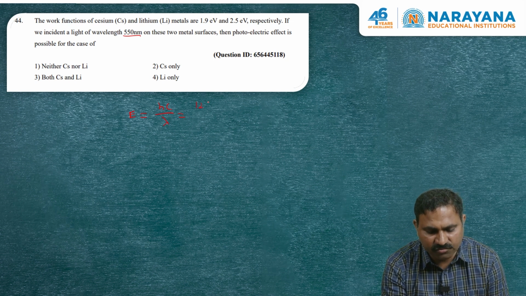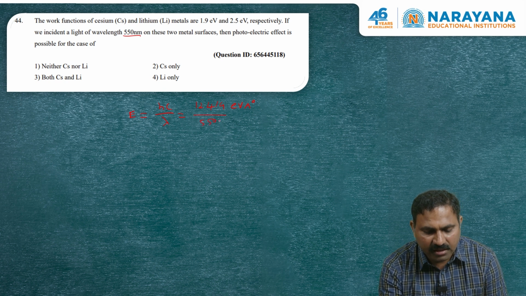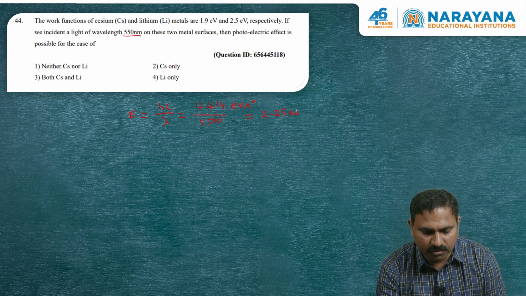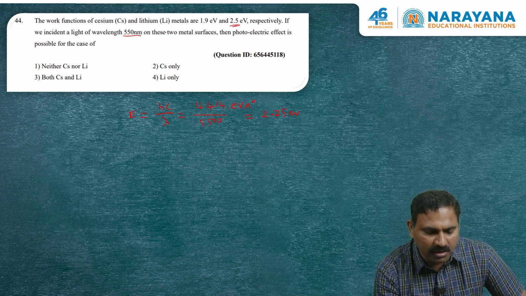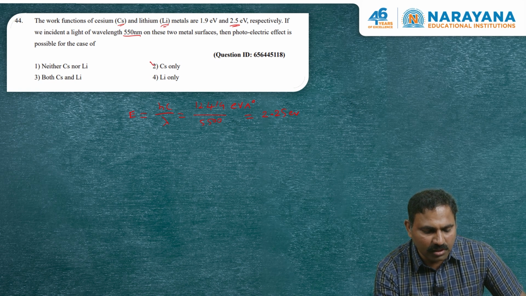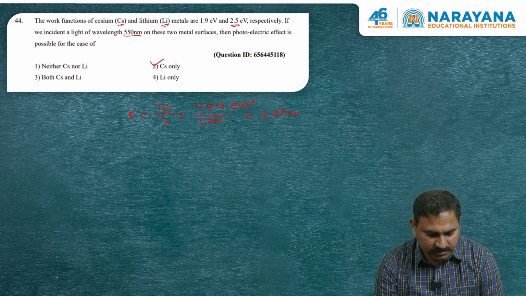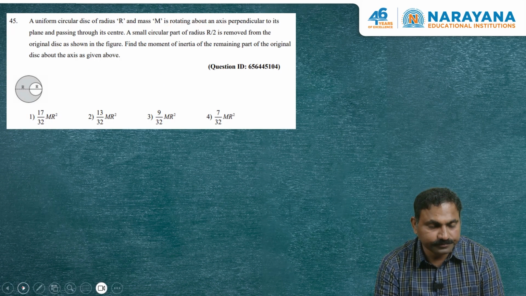This can be written as 12414 electron volt angstrom by 550. It is given in nanometers, in angstroms it is 5500. It comes out to be around 2.25 electron volt. So as it is less than 2.5, it is not possible to emit electrons from lithium, but it is possible to emit electrons from cesium. So only from cesium this light can emit the electrons. Let us go to the next question.